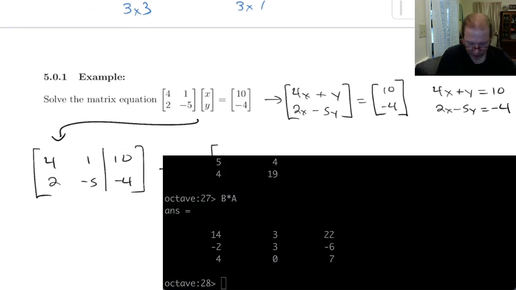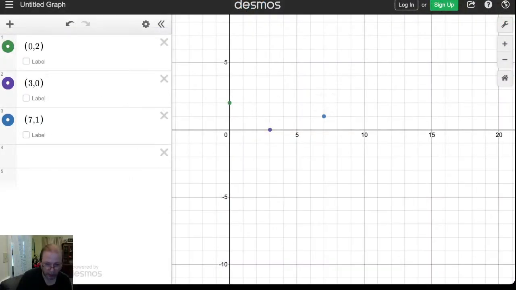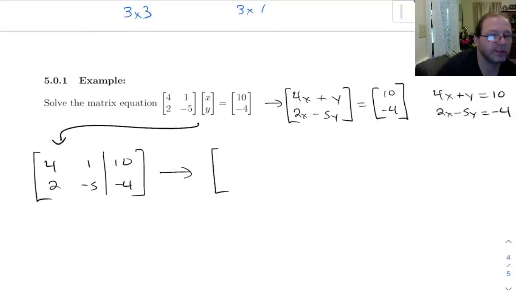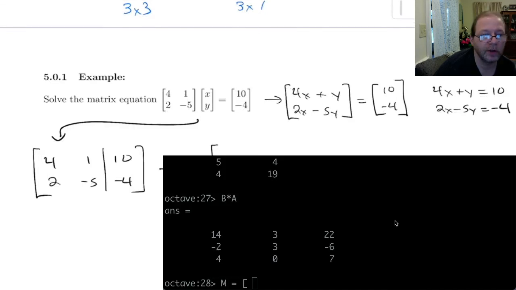I'll put that in here: 4, 1, 10, 2, -5, -4.